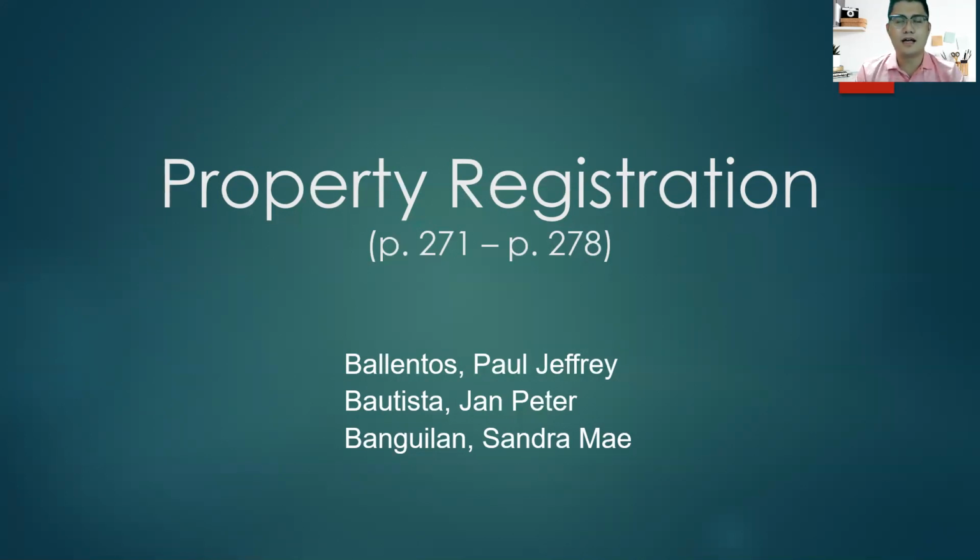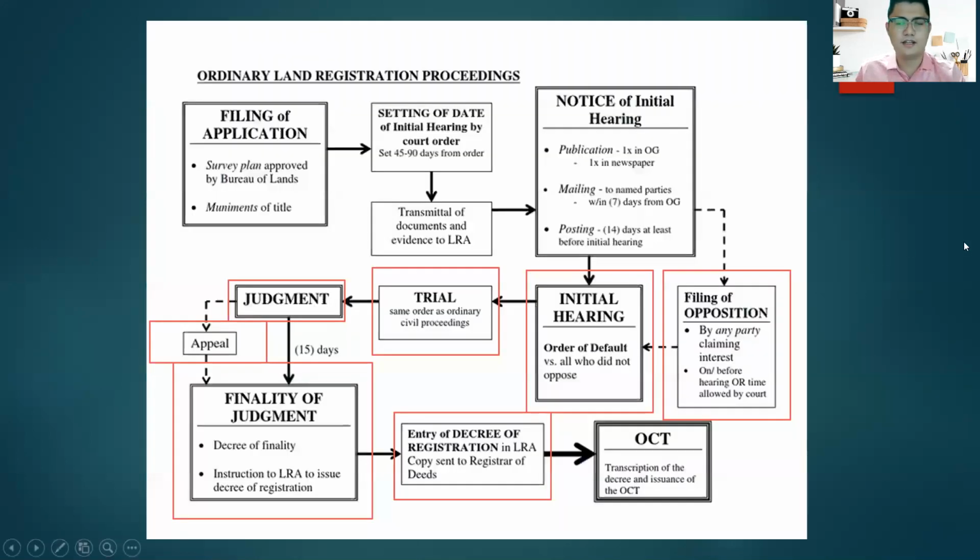I'm here to report on the procedure of property registration, especially pages 271 to 278. First of all, I would like to discuss the flow of what I'm about to report.